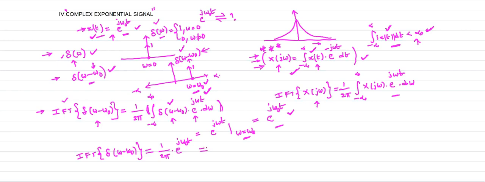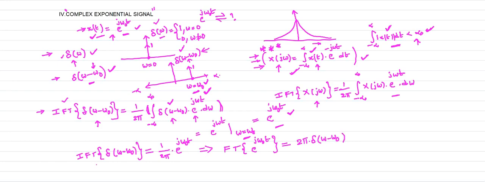And if we apply the Fourier transform on both sides, what is the result I can get? The Fourier transform of e power j omega naught t is what? It is 2 pi times delta of omega minus omega naught.